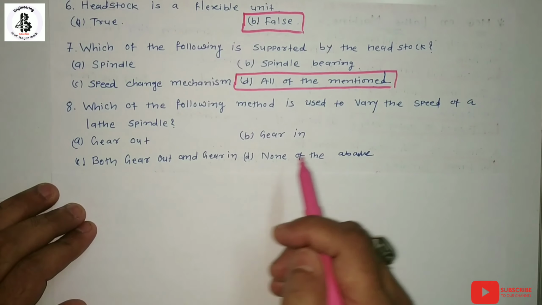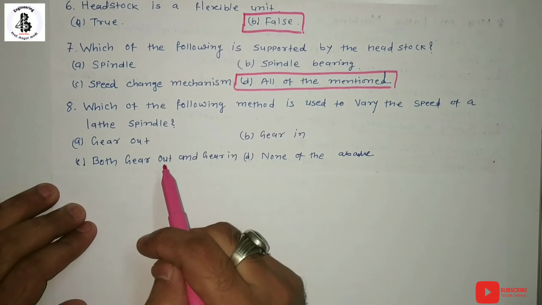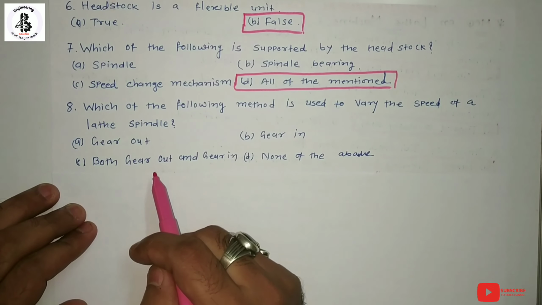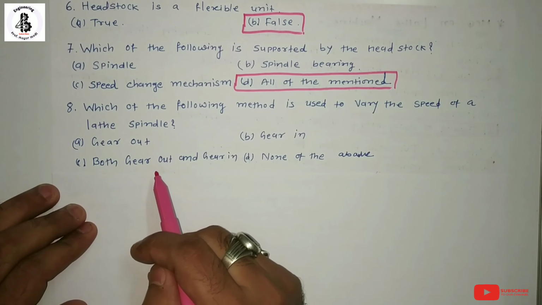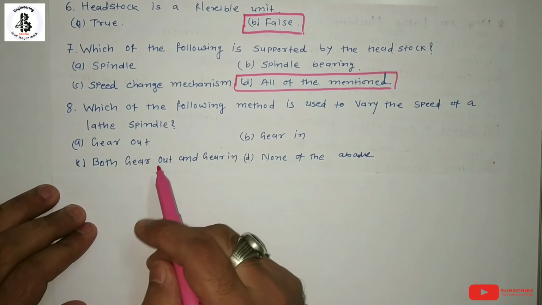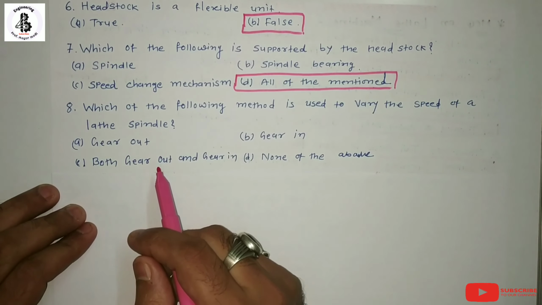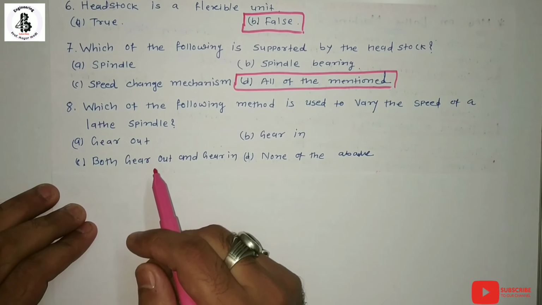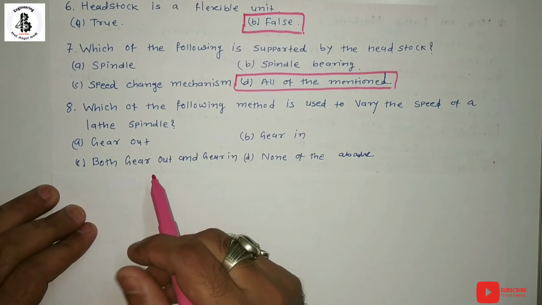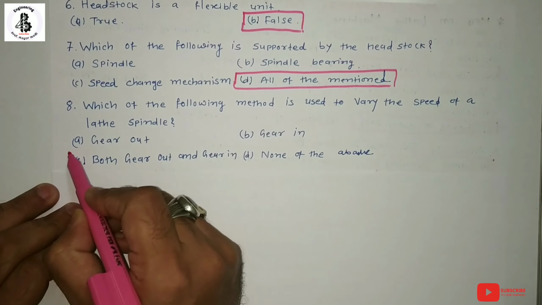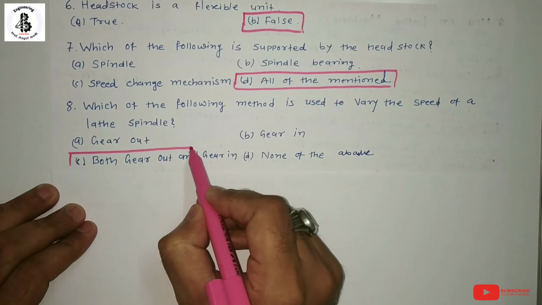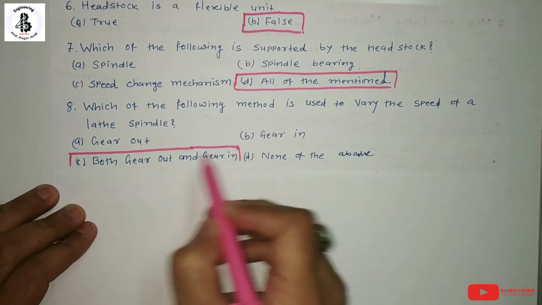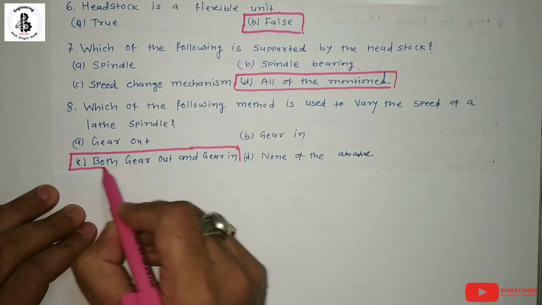For controlling the speed of a lathe spindle, both the gear out and gear in mechanisms, or such kinds of methods, are used. That easily controls the speed of the spindle. So the answer is both gear out and gear in, which is required to vary the speed of the lathe machine.